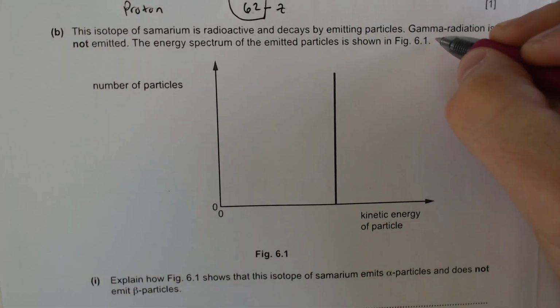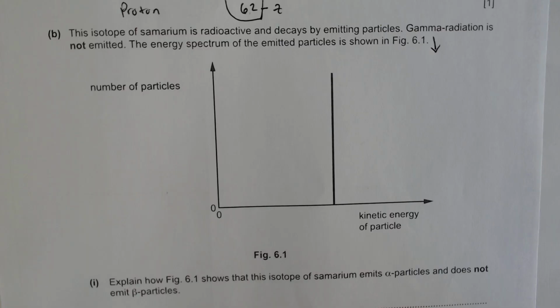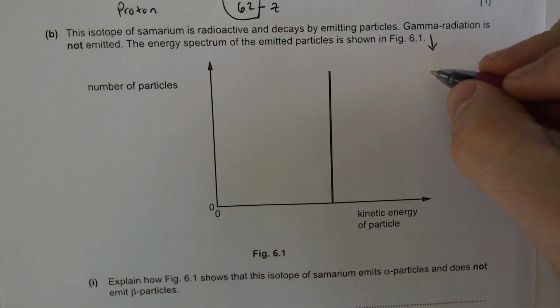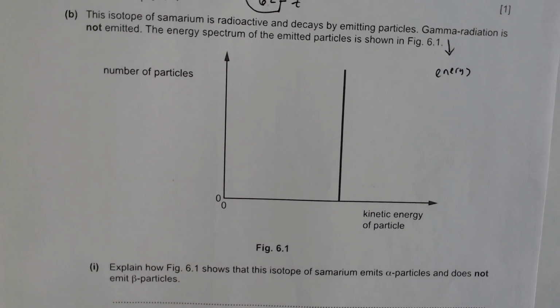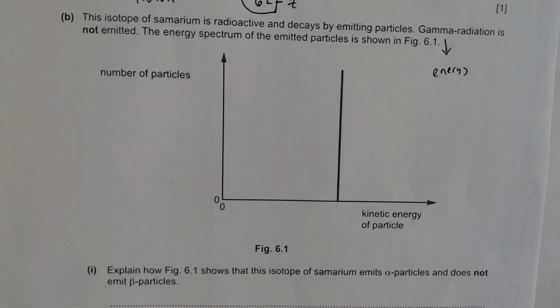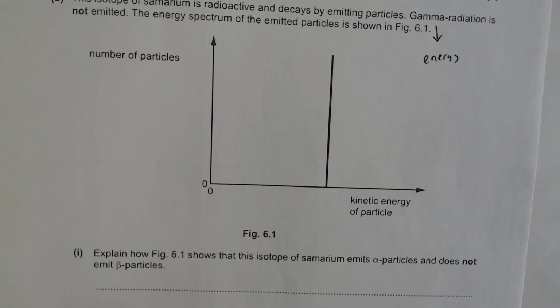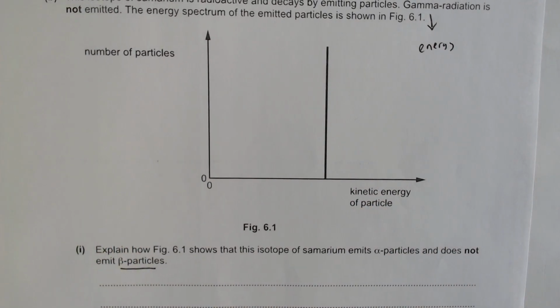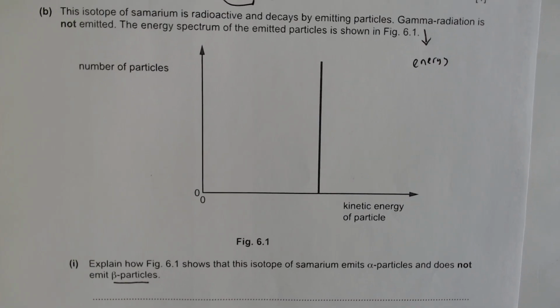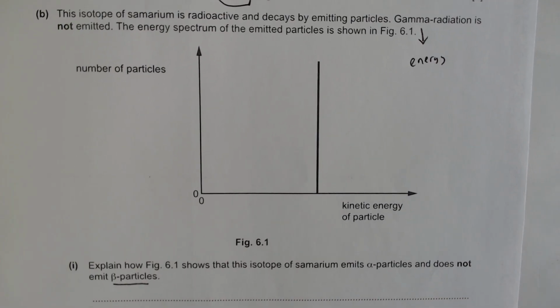Now remember, gamma radiation is going to be pure energy. Okay, that is a photon of radiation. And because it is a photon, it can be in any specific amount, as well as beta. Okay, it could also be beta. So beta particles could also be in any specific amount of kinetic energy released when it undergoes that decay.